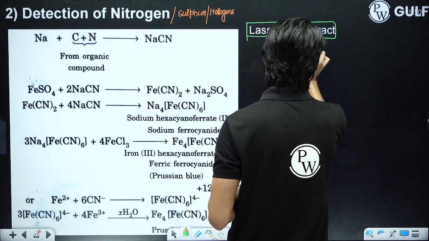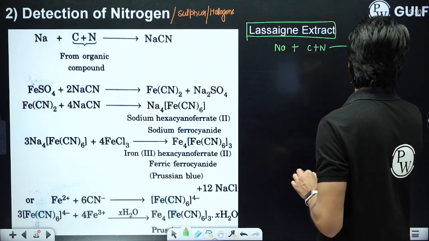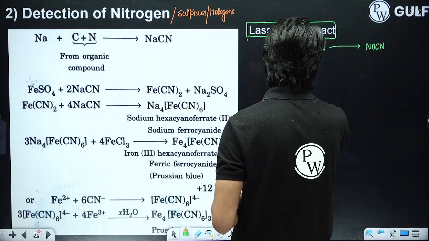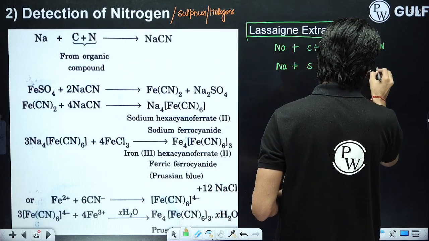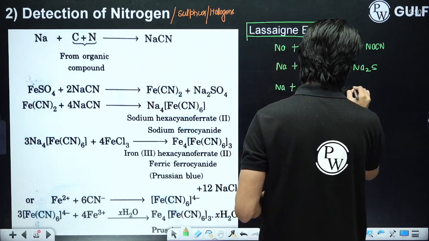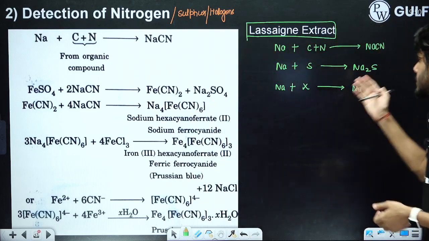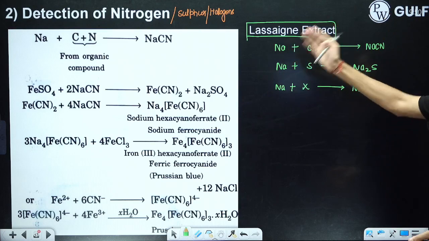If there is carbon and nitrogen in the organic compound, there will be a sodium extract, which is NaCN. If we have sulfur, it is going to form Na2S. If we have halogen, we will have NaX, and then we'll do further detection of these compounds. But the important thing is we must have the Lassaigne extract to detect nitrogen, sulfur, or halogens.